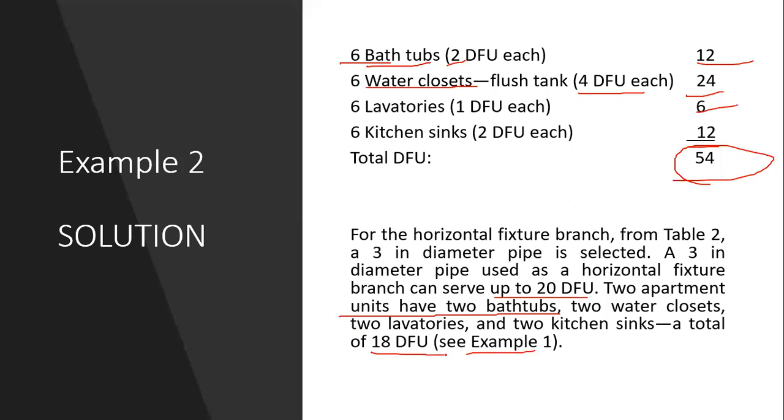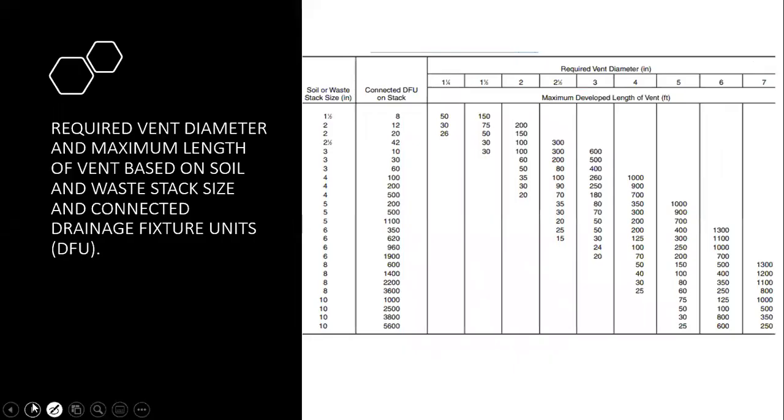That is the same as example number 1. Please look at this again. Determine the required vent diameter and maximum length of vent based on soil and waste stack size and connected drainage fixture units.